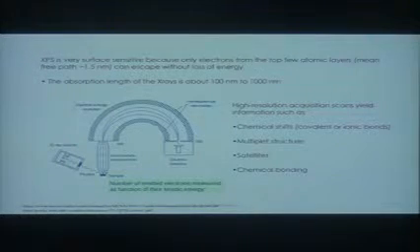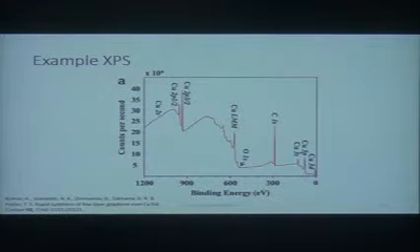Again, most of the time in XPS, what you're doing is you're measuring this energy spectrum, and then you're comparing it to some sort of a reference library of energies of different bonds. I'll show you an example here. This is from work that we did again on growing graphene very rapidly.